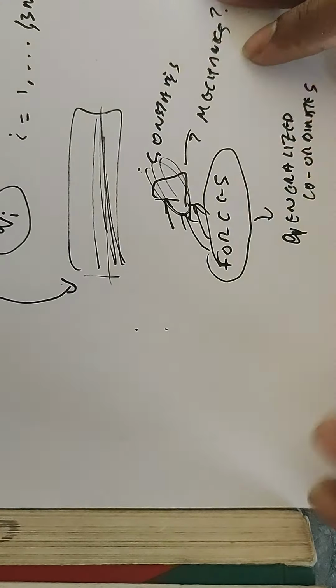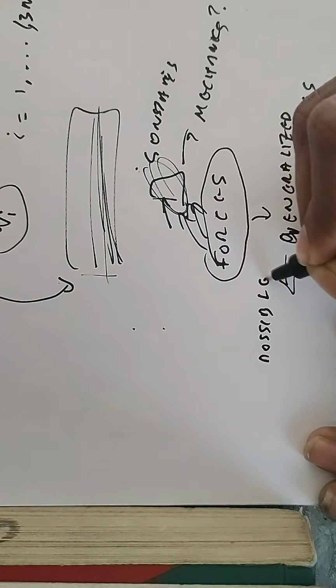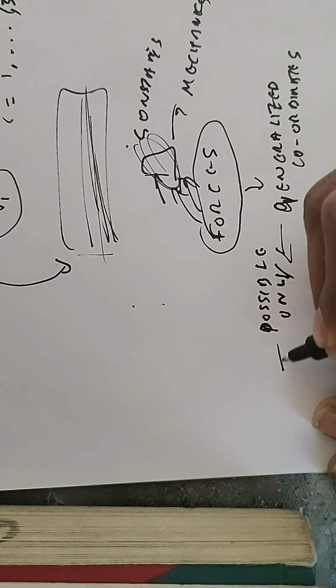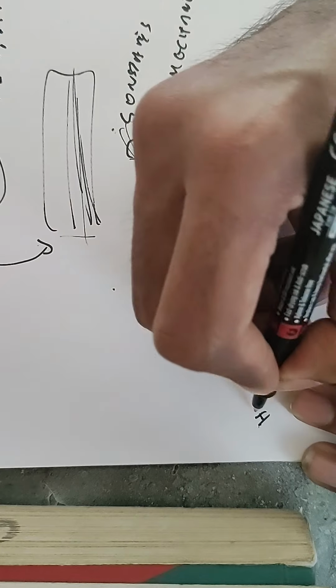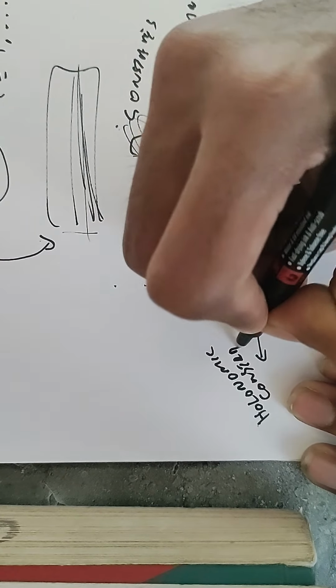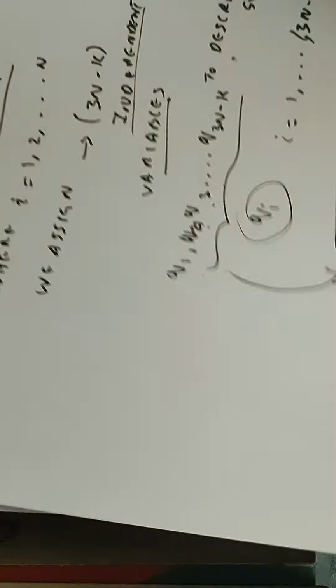This is possible only when the system is under holonomic constraint. I'm sorry for my handwriting too. Now you see why I said holonomic constraint is the most important constraint.